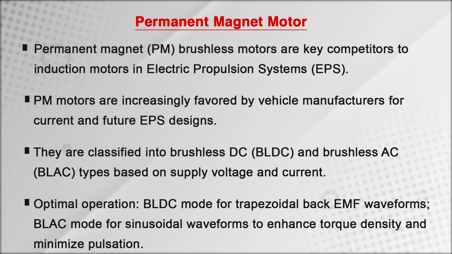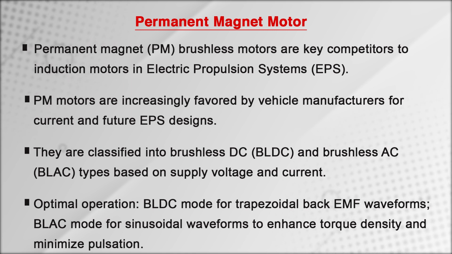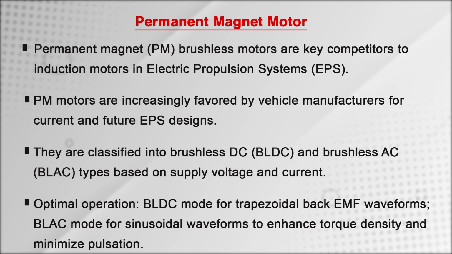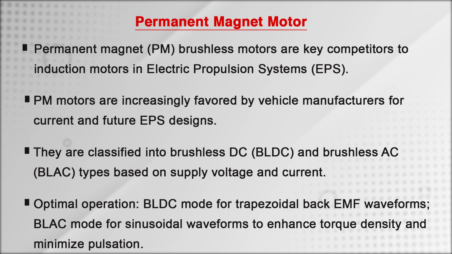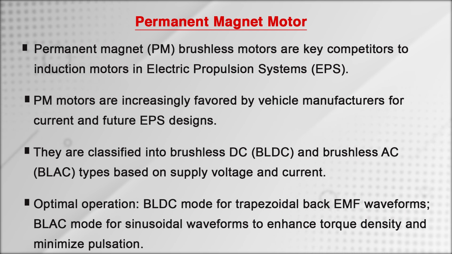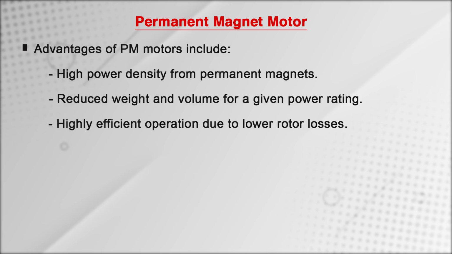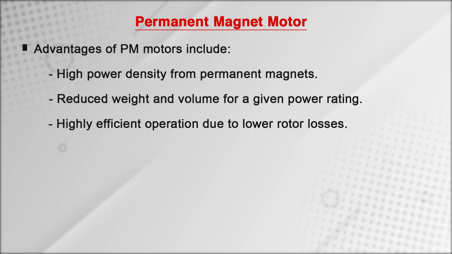Permanent magnet motors are typically classified as brushless DC, BLDC, and brushless AC. To optimize torque density while minimizing torque pulsation, permanent magnet motors are ideally operated in brushless DC mode for trapezoidal back EMF waveform and BLAC mode for sinusoidal back EMF waveform. These permanent magnet motors offer several inherent advantages.